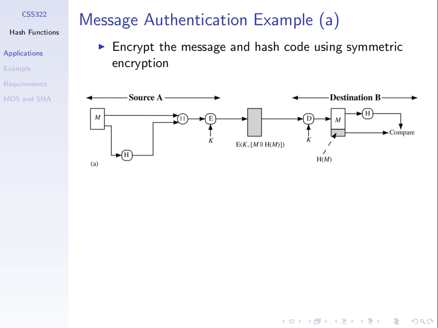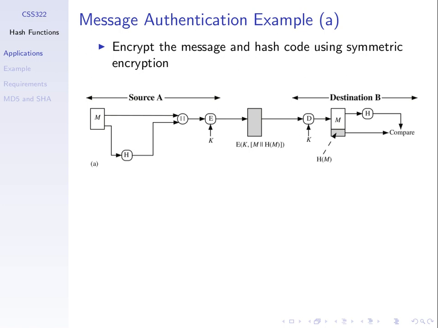In this example, we take the message, apply our hash function on that message. So this line we would have the message, this would have a hash of the message, which would be a small fixed size hash value. This operator is concatenation. We concatenate those two values.